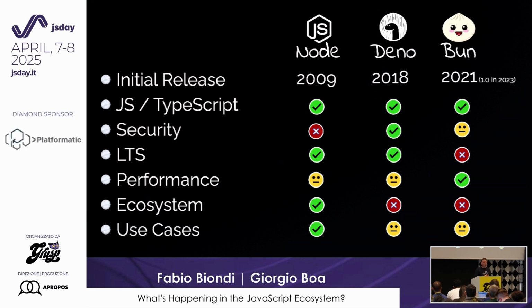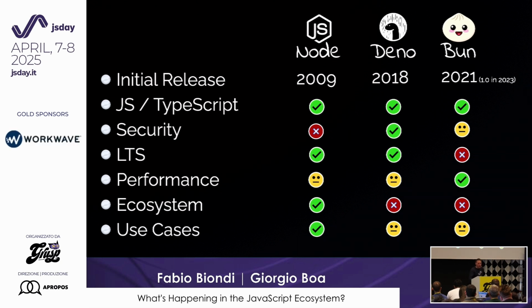But if you have a package that needs to run a post-install script, for example, to install something, it's blocking this kind of system, and it's asking you to allow the install and post-install stuff. There is no long-term support with Bun.